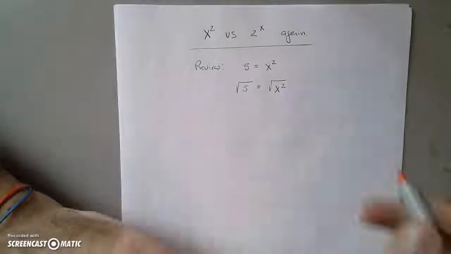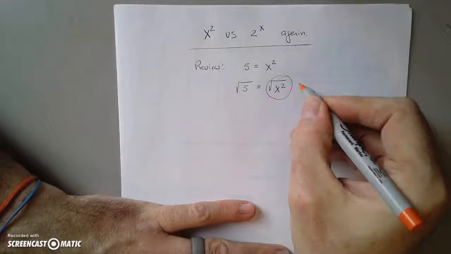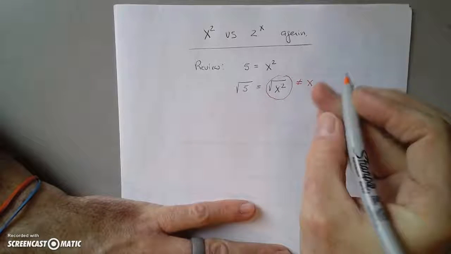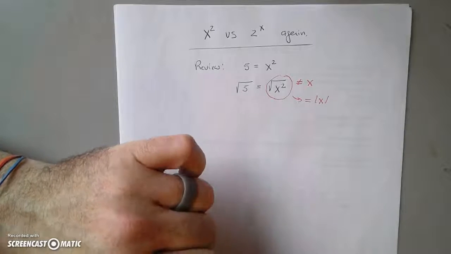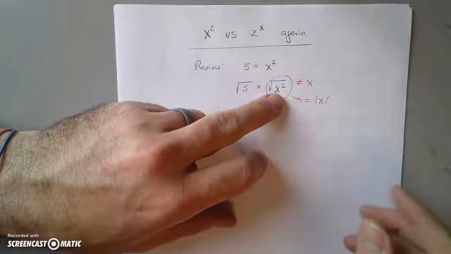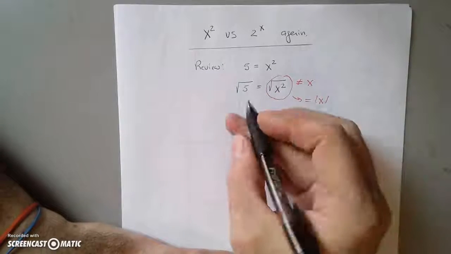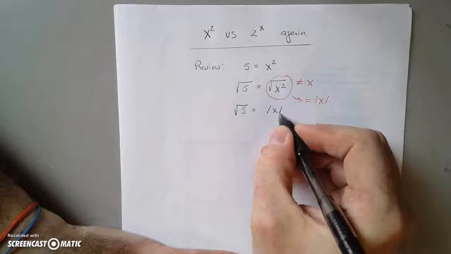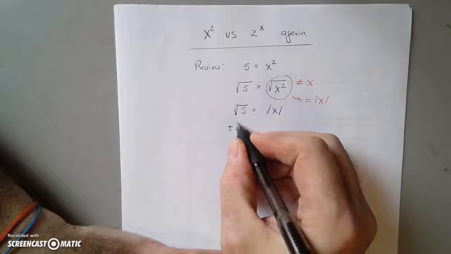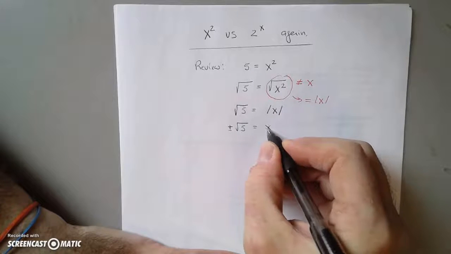Now, as a small caveat here, this does not equal x, but rather it equals the absolute value of x. That's because we don't know whether x was positive or negative before we squared it. So we'll get the square root of 5 equals the absolute value of x, or plus or minus the square root of 5 equals x.